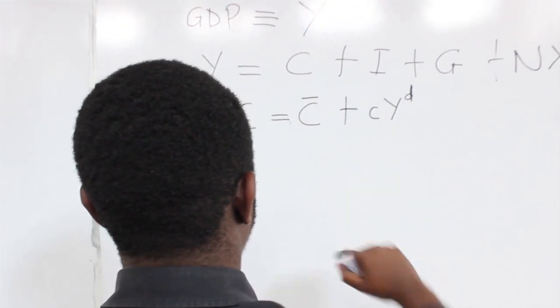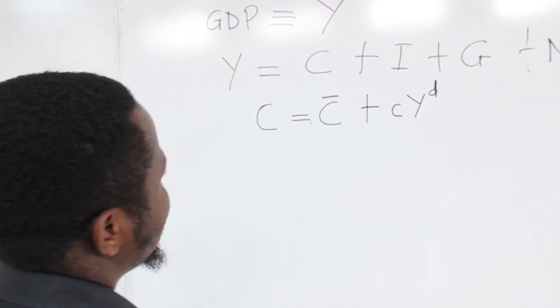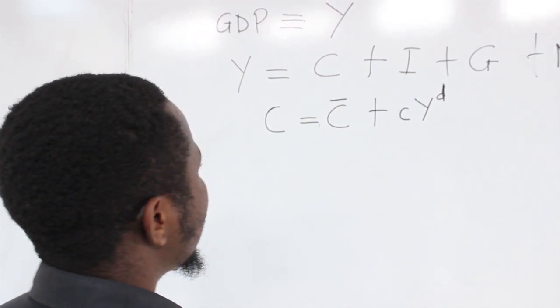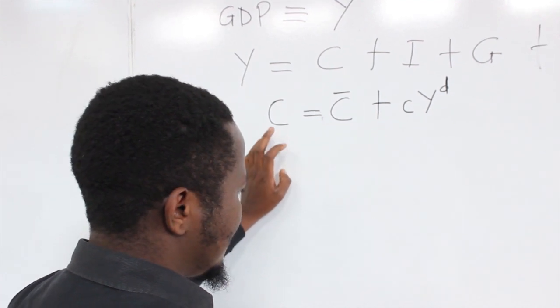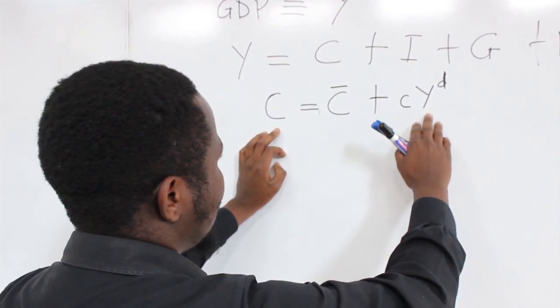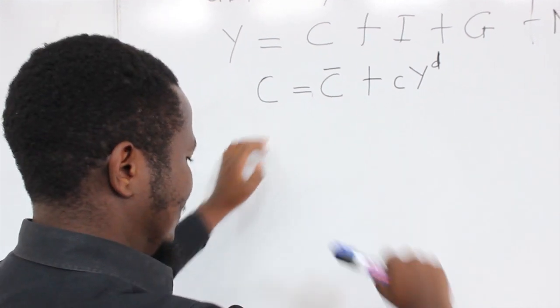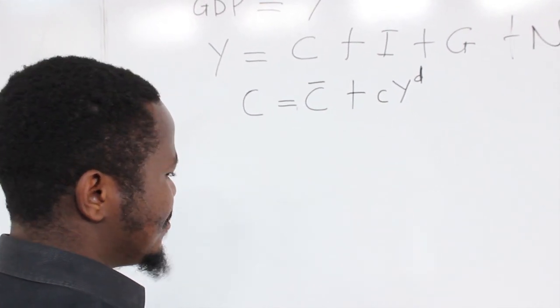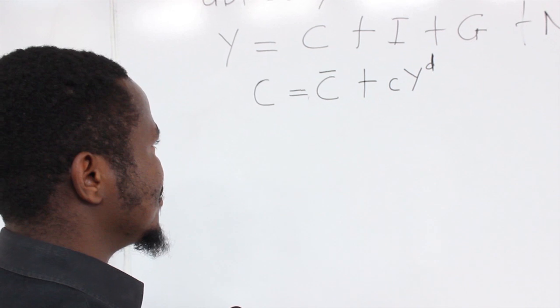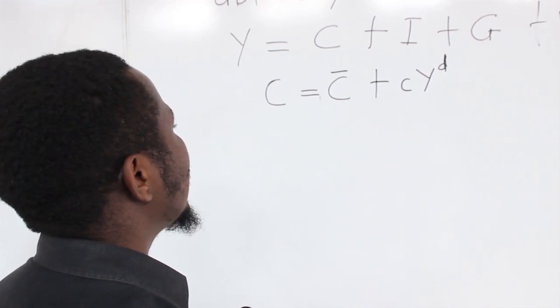That's why we are using D to imply that it is disposable income. So total consumption is a linear function of income plus some level of consumption that is autonomous, or that does not depend on the level of income.